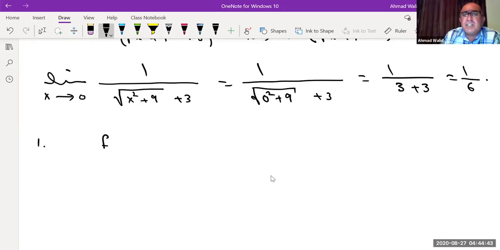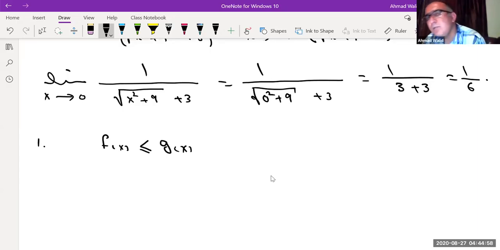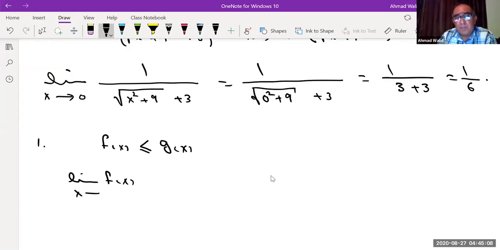If you have a function f of x less than or equal to another function g of x, one function smaller or equal to the second function, in this case, this theorem says that the limit of f of x as x approaching a will be less than or equal to the limit of g of x as x approaching a.